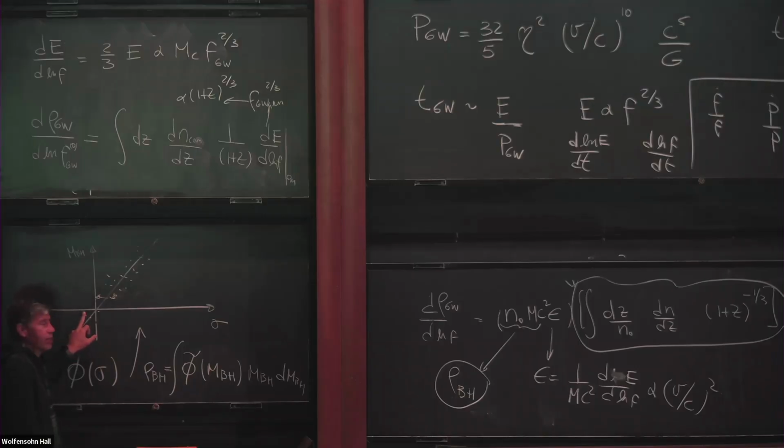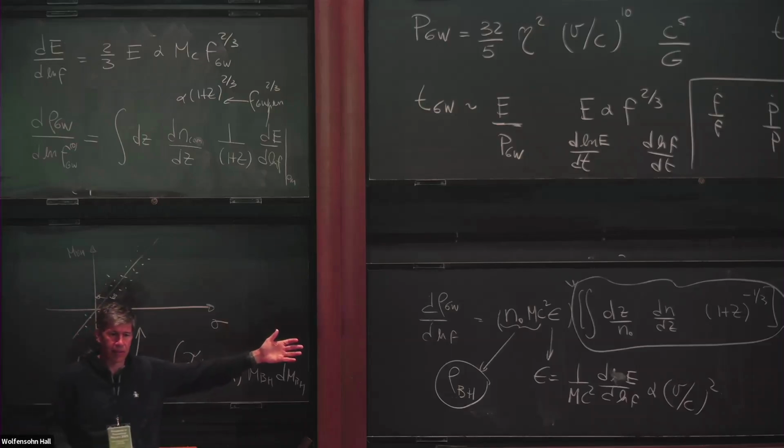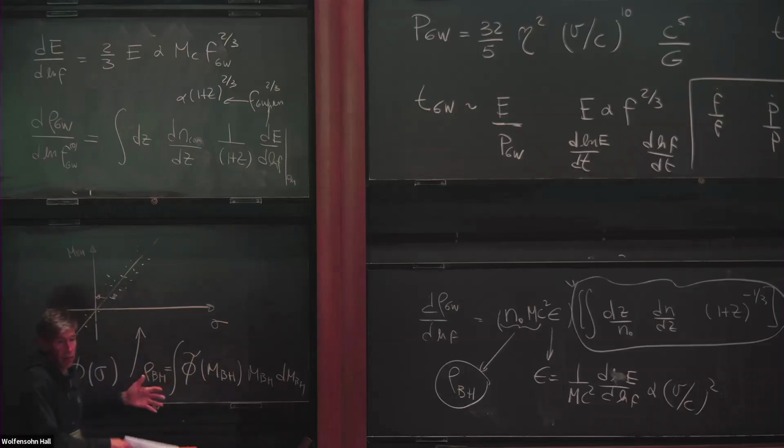So then you can ask the question, could it be that the faraway galaxies are different from the ones nearby? At some level, that's for sure correct due to the cosmological evolution, right? But at low redshift, most probably we're not particularly special. So the nearby galaxies and the galaxies a little bit further away at low redshift are all more or less similar, and they all follow this, okay?